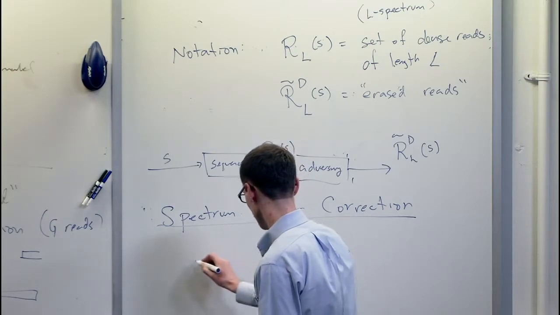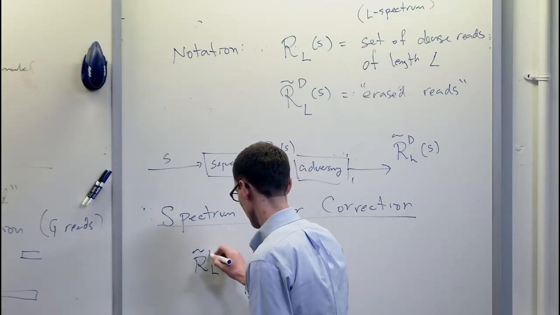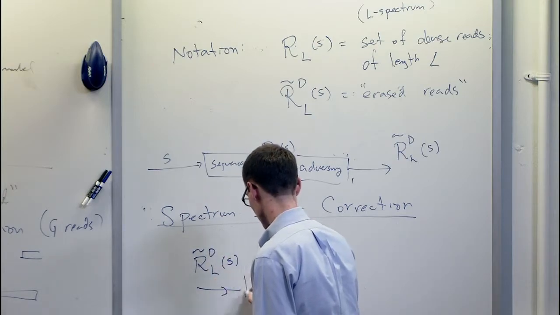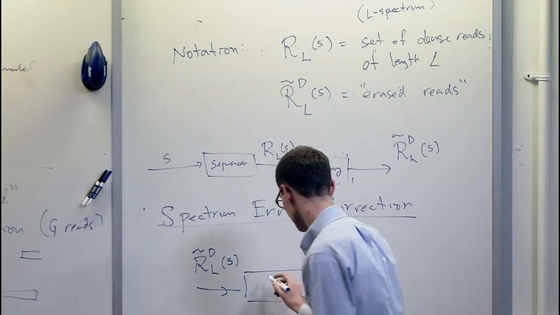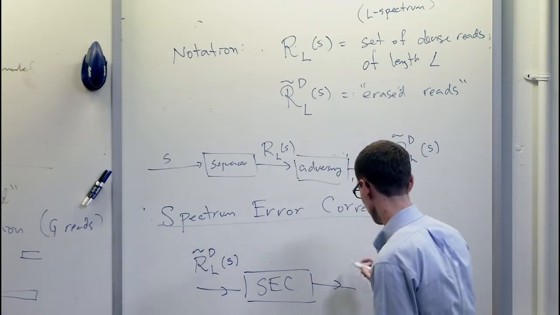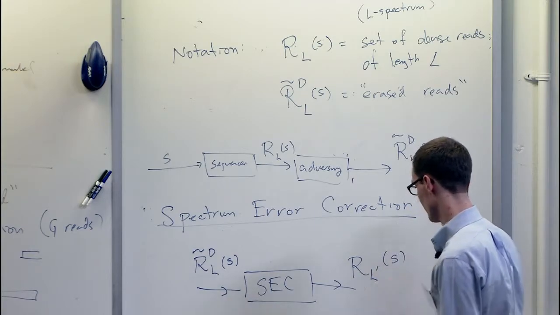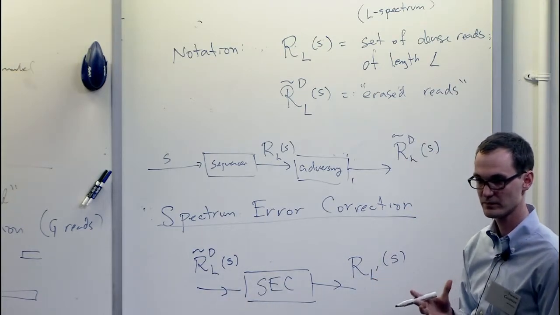Basically what I'd like to do is take my corrupted set of reads, spectrum error correction, to produce an uncorrupted set of reads of shorter length.